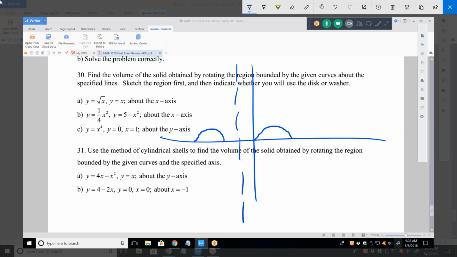Now, notice that I could do this using washers, using flat washers whose skinny side was perpendicular to the y-axis. You can see how you can do it that way, right? The other way to do it is with a cylindrical shell.